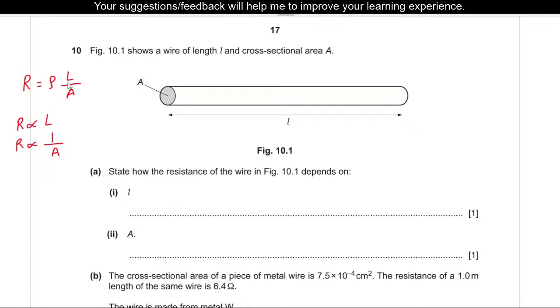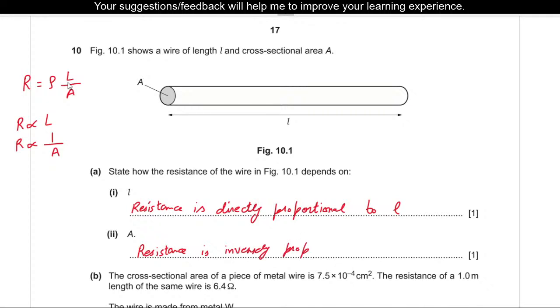So we will write: resistance is directly proportional to L and resistance is inversely proportional to A. Now keep it in your mind that you have to specifically write that it is directly proportional and inversely proportional.